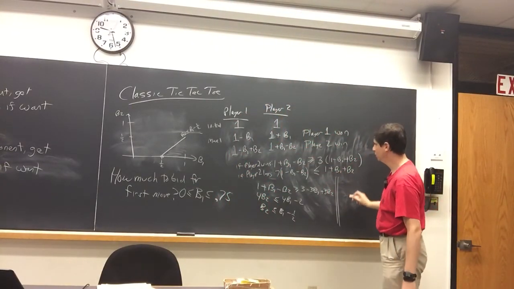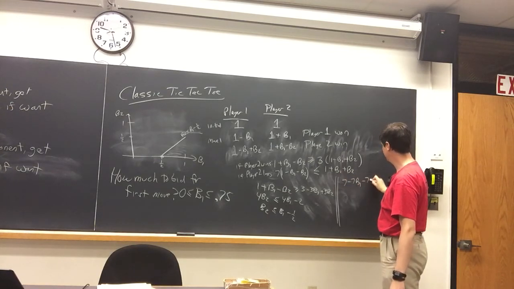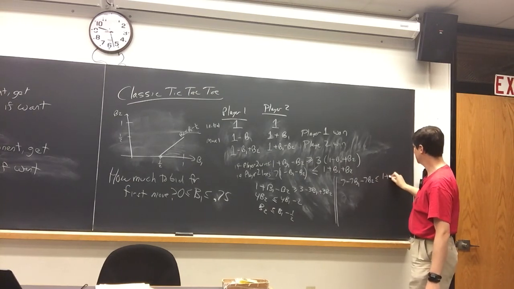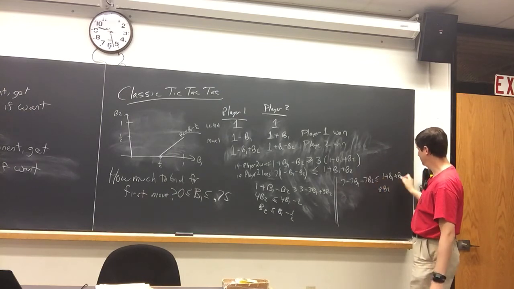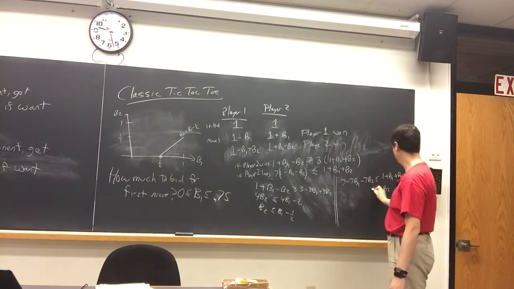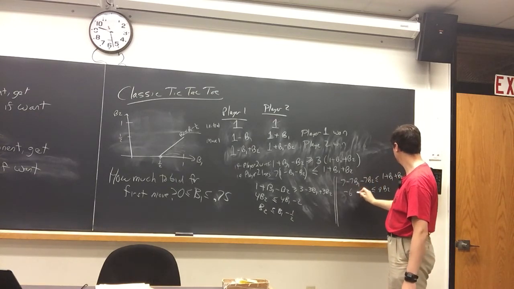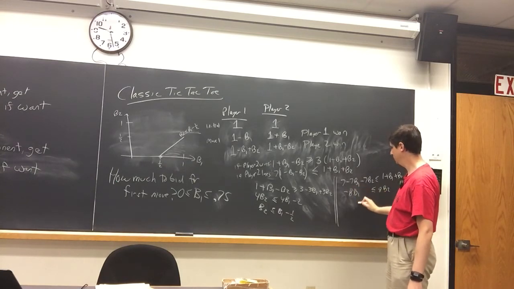For the other one, we're going to get 7 minus 7b1 minus 7b2 less than or equal to 1 plus b1 plus b2. So we'll get 8b2 on this side greater than or equal to negative 8b1, 56.